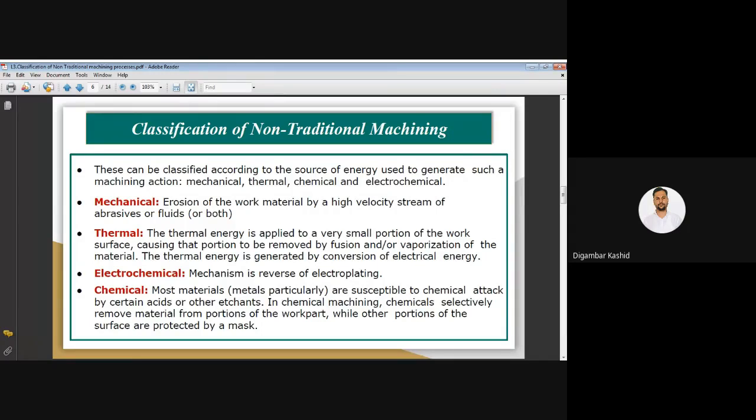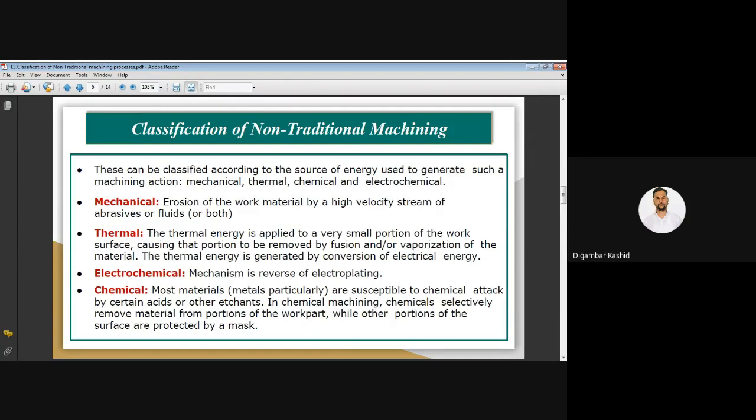While they are not so good for magnetic material, those processes are like magnetic abrasive finishing, EMAF, then magnetorheological finishing. These two processes are not in our syllabus, but for your information I am telling this category, where a magnetic field is used for assisting the process.